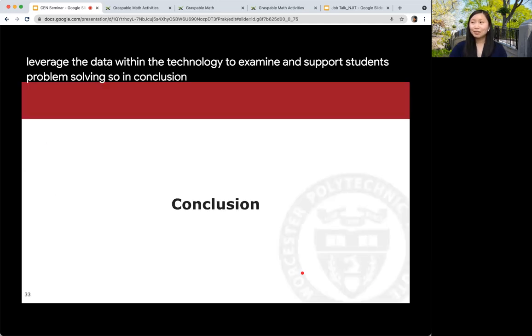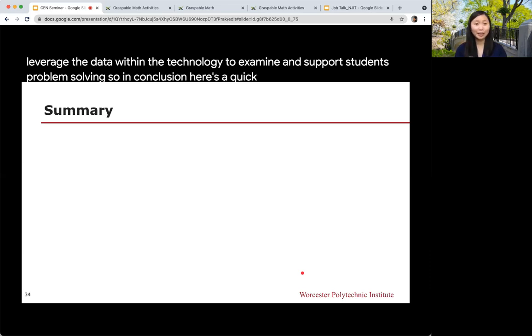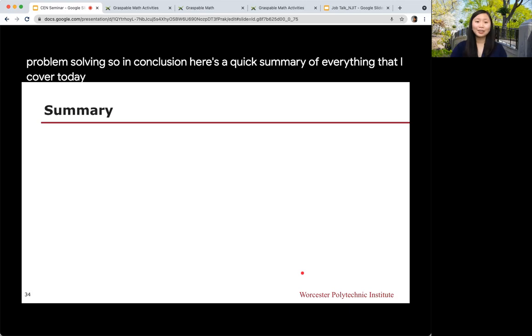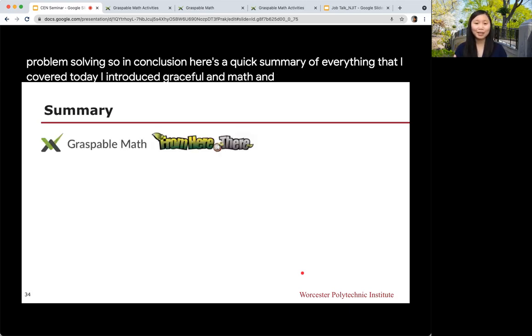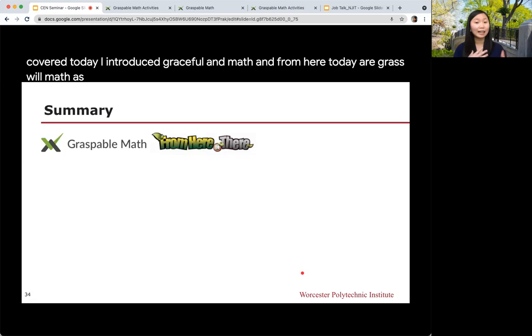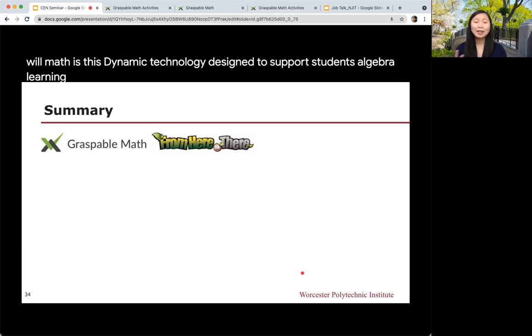So in conclusion, here's a quick summary of everything that I covered today. I introduced Graspable Math and From Here to There. Graspable Math is a dynamic technology designed to support students' algebra learning, and From Here to There is a game that we developed using Graspable Math.